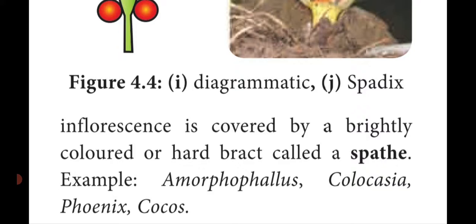Examples: Amorphophallus paeoniifolius, Colocasia, Phoenix, Cocos. Amorphophallus means in Tamil Karunakkizhangu, the larger-sized Karunakkizhangu. Colocasia means Senakkizhangu. Cocos nucifera is the coconut, Thengai. So these three are examples of spadix inflorescence.